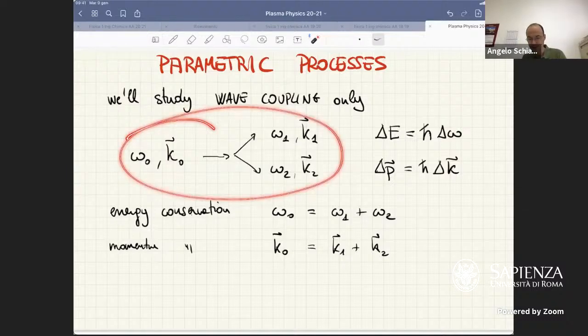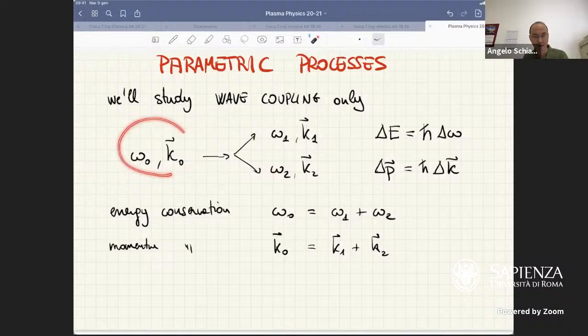So this is actually the idea of this workflow. We have an incoming particle that decays into two final states. Here we have an incoming wave packet. So for instance, a photon that decays into a plasmon and another photon or whatever. So this is the way we want to use this relation and the conservation law that we stated here.